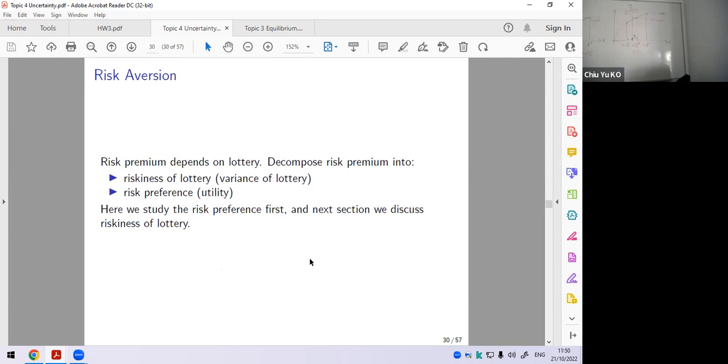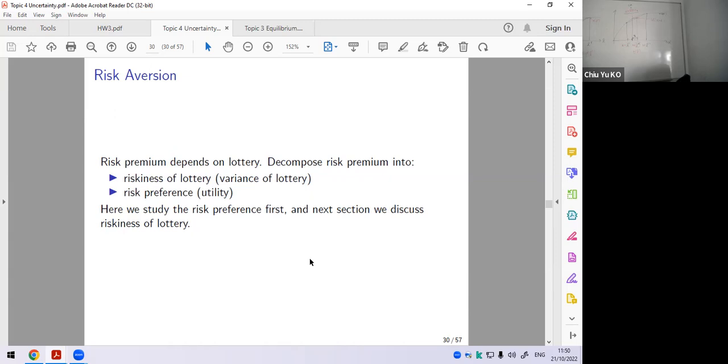So what we're trying to do is, because risk premium is actually how people behave, right? Because it gives you the certainty equivalent, you will behave the same, right? So you want to decompose the risk premium into two parts. First is the objective part, which is the variance of the lottery, right?